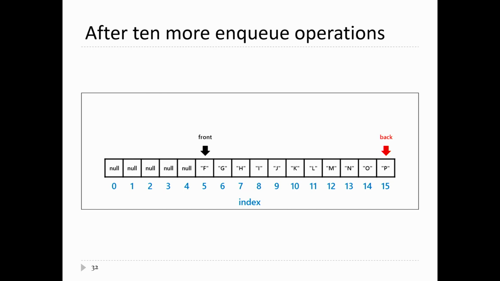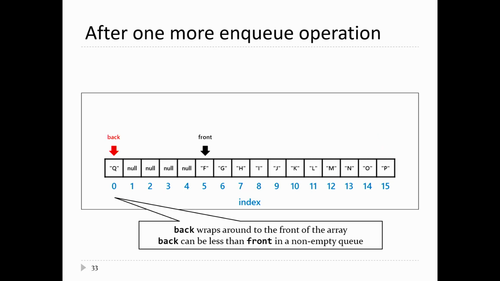Okay, so what happens if you enqueue another element? Well, all you do is you shift back 1 position to the right. So it falls off the end of the queue. When you fall off the end of the queue, you just wrap around to the front, and away you go. So notice that back, which is supposed to be after front, if you look at the value of the indexes, front is 5, back is now 0.